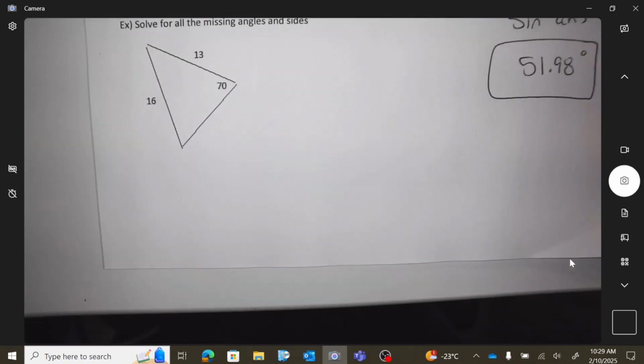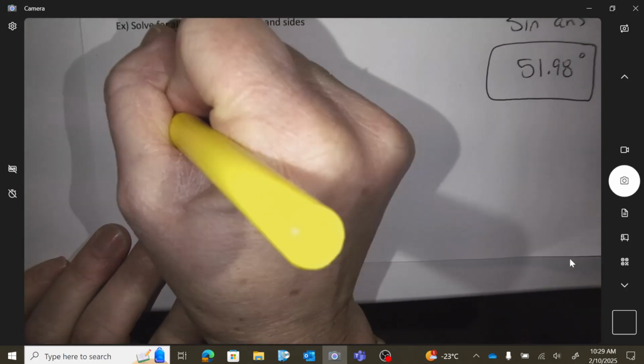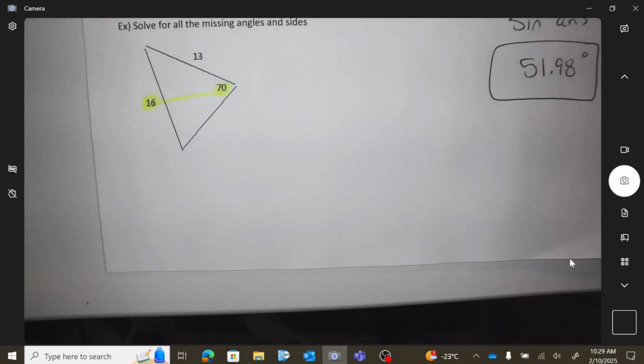Okay. This last example says we have to figure out every single side, every single angle. So here's where I'm starting. I'm going to activate a pair. That's my pair that is the boss. I'm going to base everything off of that pair.